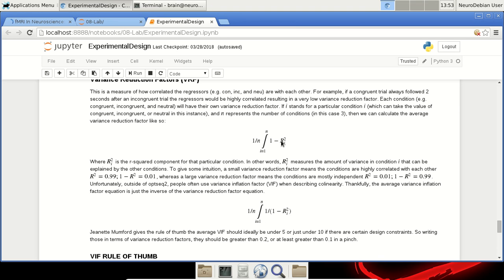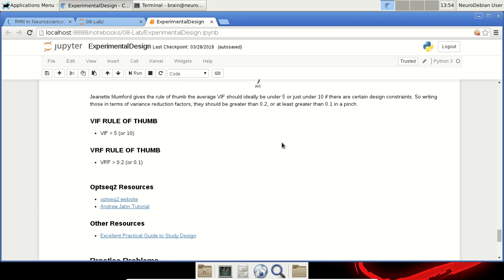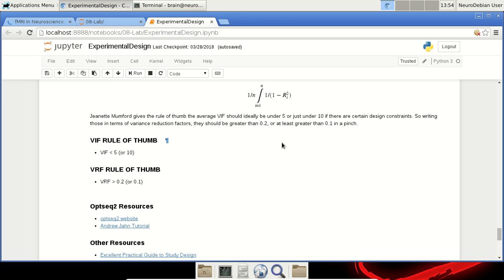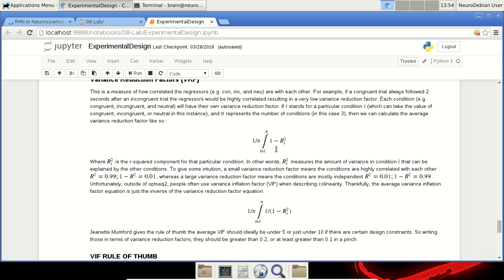So with VRF, we want this to be a very small number, because then, yes, right, let me look at that again. No, we want it to be, strike that.